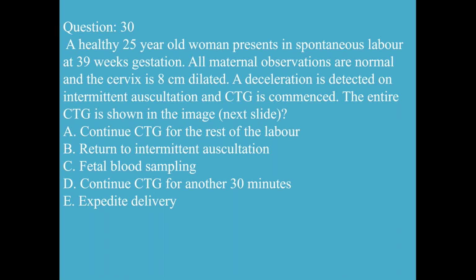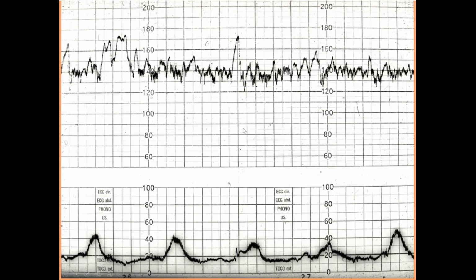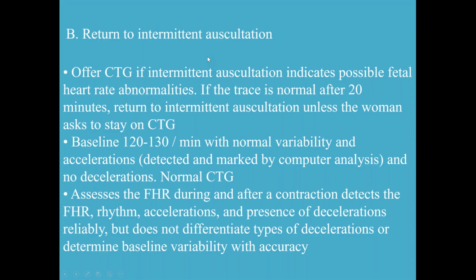Doctor, I would say option B, return to intermittent auscultation. Yes, agree with B. Is it B or D? B, yes, because this is a normal CTG. It will be B, return to intermittent.